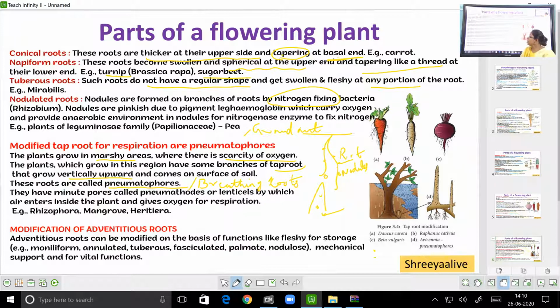Then, modification of adventitious roots. Adventitious roots can be modified on the basis of function. They may be fleshy for the purpose of storage, or serve as mechanical support or other vital functions. Depending upon the nature, these adventitious roots get modified.